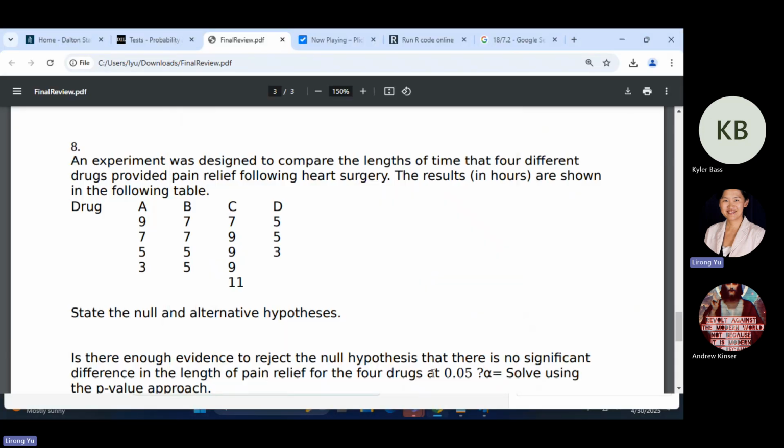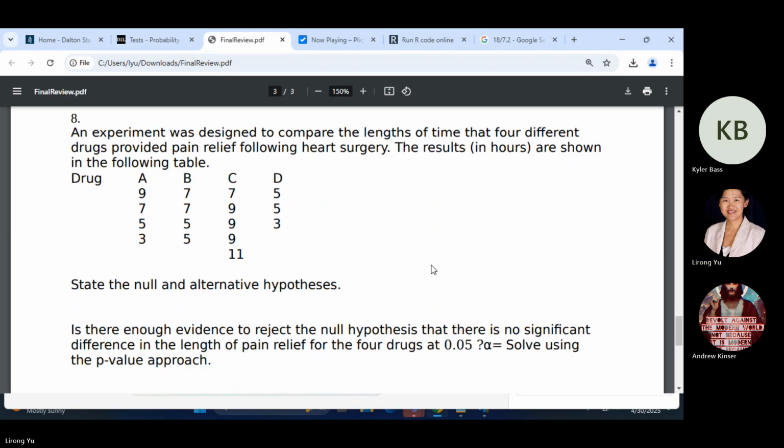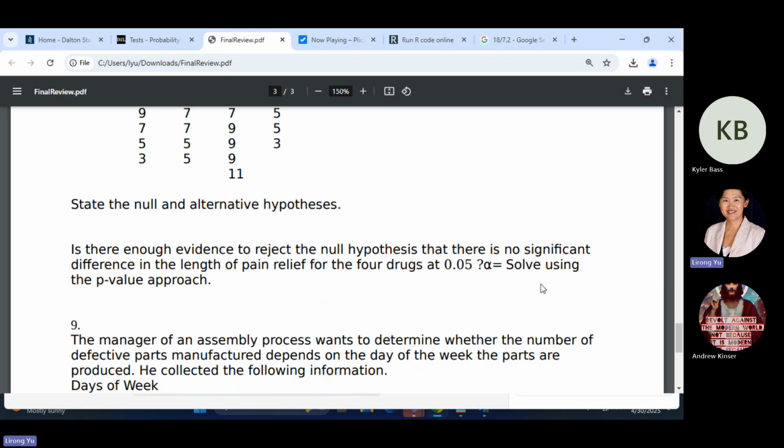You enter all the quantities and attach every quantity with a label, like this is A, this number is from B, this number is from C. So your label would be A for 4 of them, then B for the next 4 numbers, then 5 C's and then 3 D's. Then add that label onto your numerical variable. So you should be creating a data set that has 2 columns, and we'll do the ANOVA test.